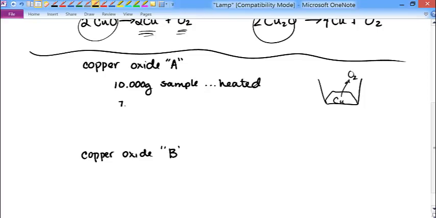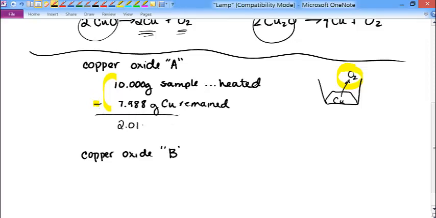So in the end, let's say you took a mass of the copper that remained and you had 7.988 grams of copper that remained. Well, with that, we certainly can figure out how much oxygen left. That's just a simple subtraction. And so you could figure out there's 2.012 grams of oxygen that must have left the container.